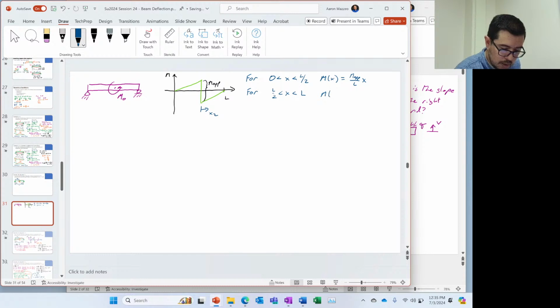So this is going to be M of X2, and in this case it's still MAP X2 over L, but it's going to be minus MAP over 2. Does that make sense? The minus MAP over 2 is just the y-intercept.